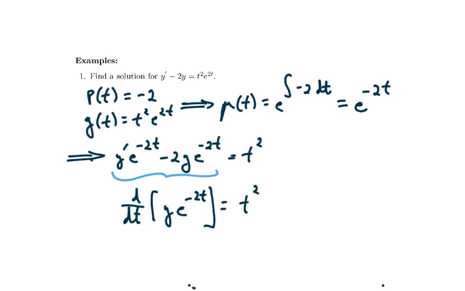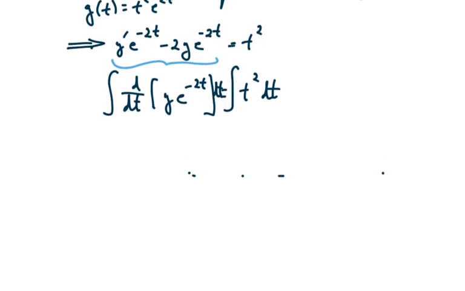So now I want to integrate both sides. So we're integrating with respect to t. The integral of a derivative is just the integrand. So on the left, we have y e to the negative 2t, and on the right, we have 1/3 t cubed plus c.